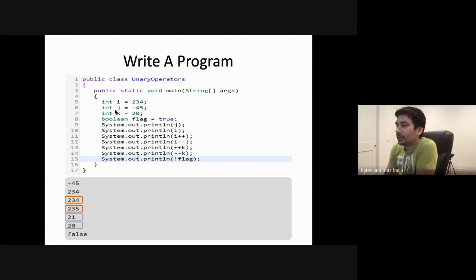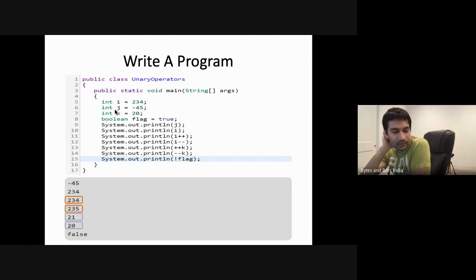So that is an interesting way to look at it. Your hunch is right. The reason why it is not 19 is because at line 7, the k value is 20. But at line 13, we did a plus plus k, so the value of k became 21. And at line 14, we did a minus minus k, so it first decrements k. So from 21, it will make it 20 and then print it out. Oh yeah, that makes sense.